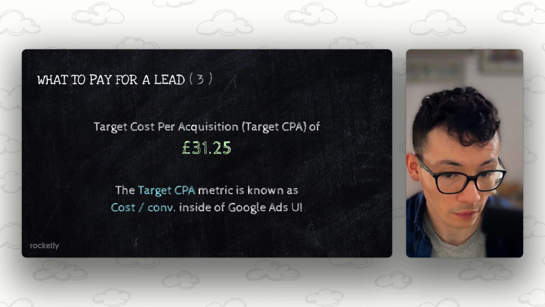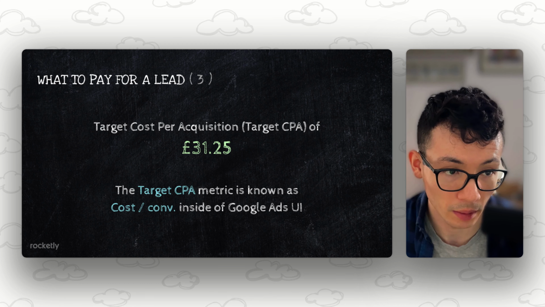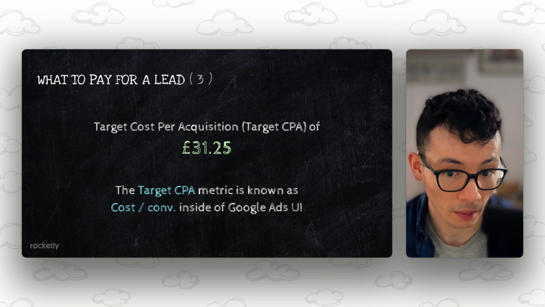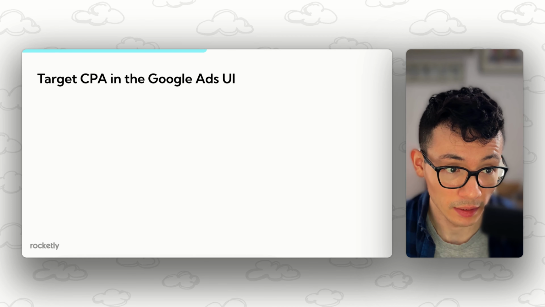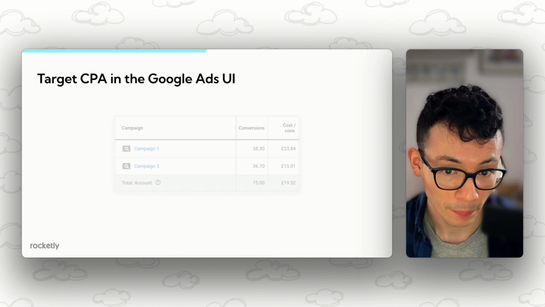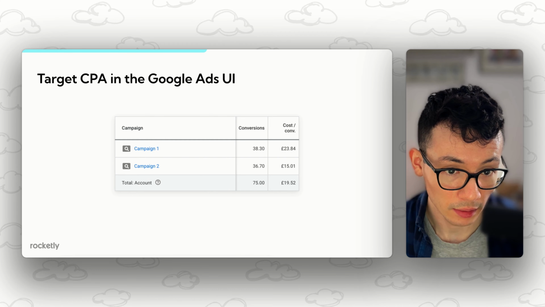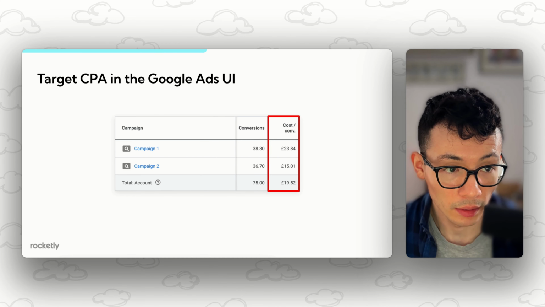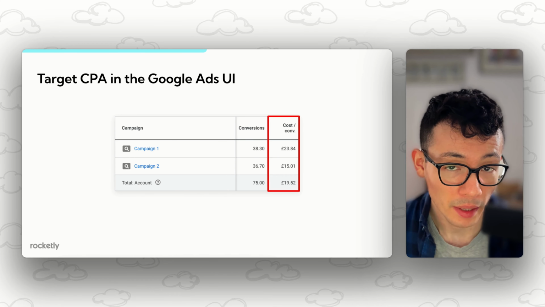You're taking the cost of Google Ads and dividing it by the number of conversions that have been attributed to your Google Ads campaigns. If you want to monitor your target CPAs for your campaigns, you just need to look at the cost/conversion column, which you can find in your tables.